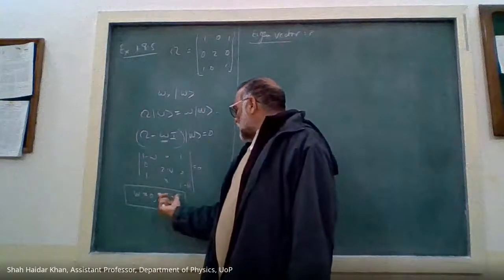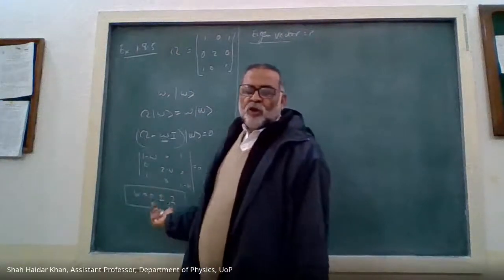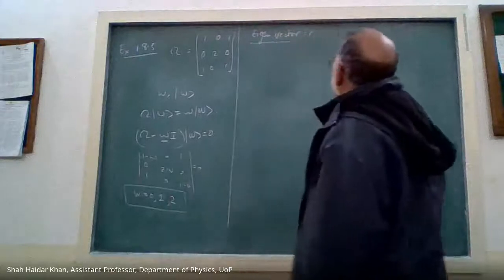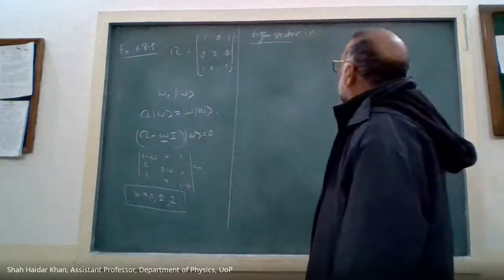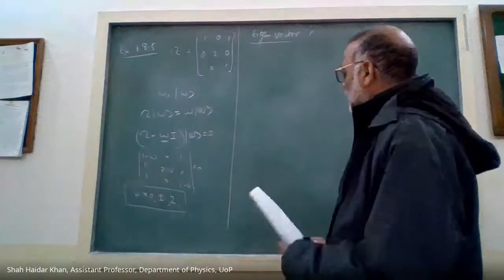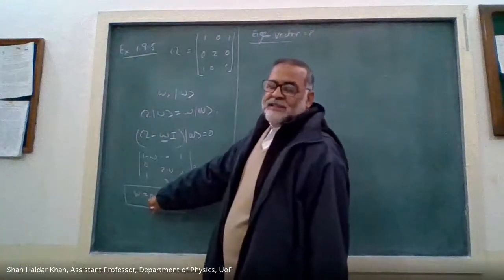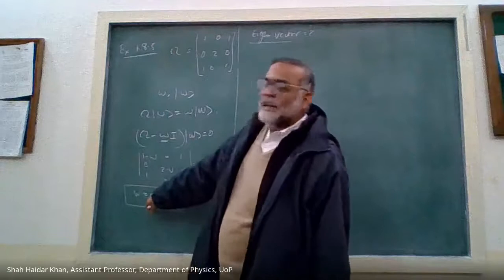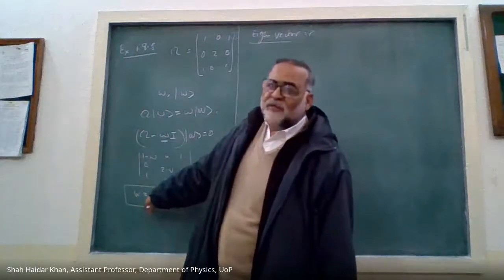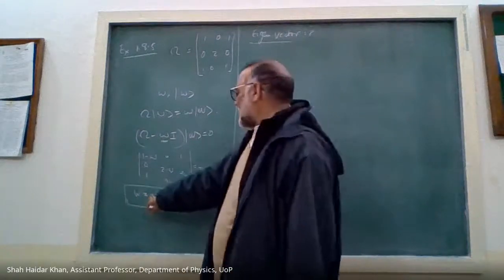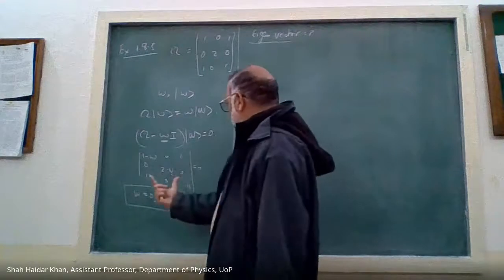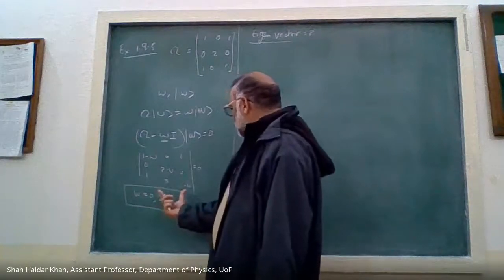Here there will be one value 2, which has two states. Right? So how to find them? There is at least one eigenvector for each eigenvalue. This we discussed before.